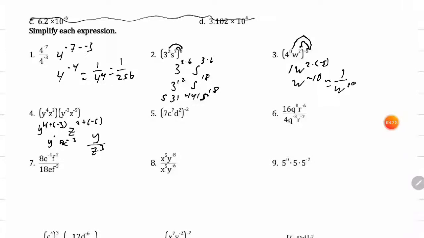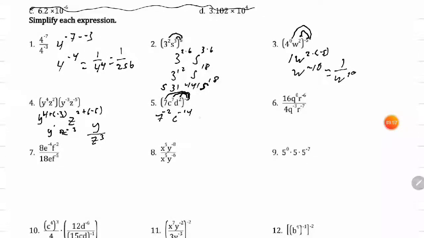Alright, number 5. So this negative 2 is getting distributed to this, to c, and to the 7th. Okay? So let's think of it as 7 to the first. So 7 to the first times negative 2 is 7 to the negative second. So let me write it out here. 7 to the negative second. 7 times negative 2 is negative 14.